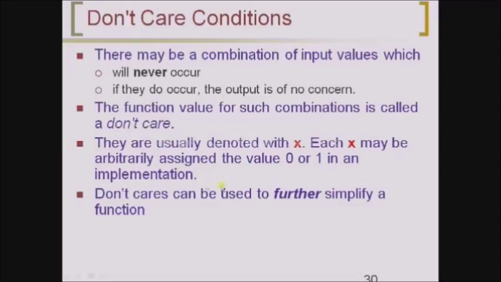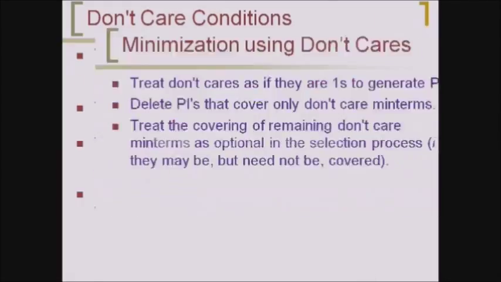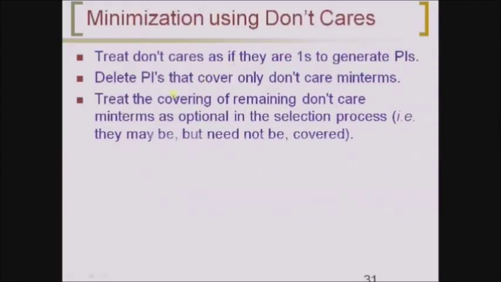So we don't know whether the value of that particular x would be either 0 or 1, and don't cares can be used to further simplify a function. So let us see how we are going to use these don't cares for reducing the function. Minimization using don't cares: treat don't cares as if they are ones to generate PIs, or zeros while generating the prime implicants for the maxterms.